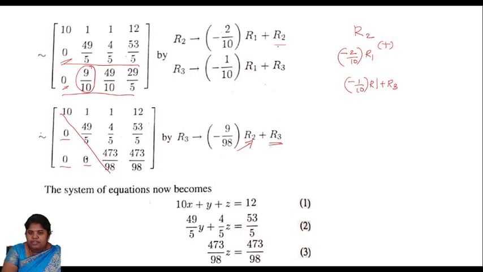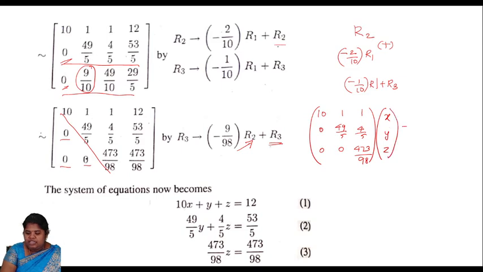So by back substitution, we have seen the back substitution method in the theory. Again we write it in matrix form: 10, 1, 1, 0, 49 by 5, 4 by 5, 0, 0, 473 by 98 into x, y, z equal to 12, 53 by 5, 473 by 98.